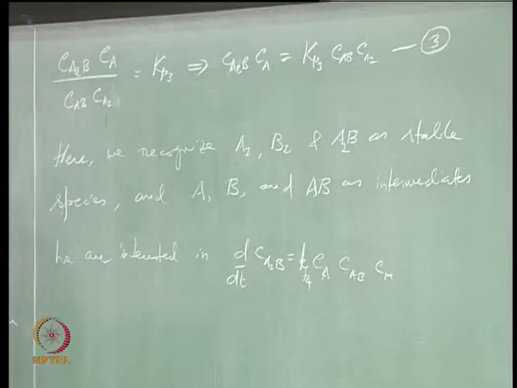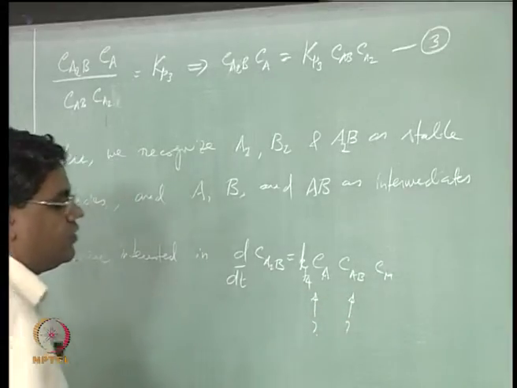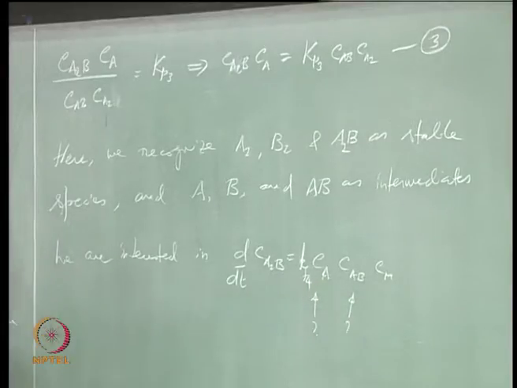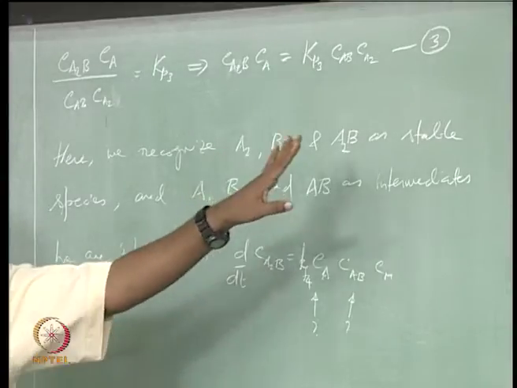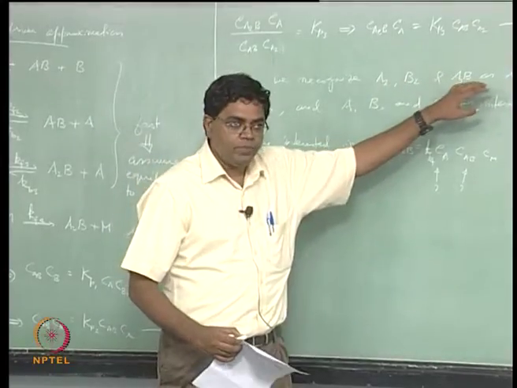But we need to know what these are: the concentration of A and concentration of AB, which are intermediates, in terms of concentrations of the stable species in the system, namely A2, B2 and A2B.